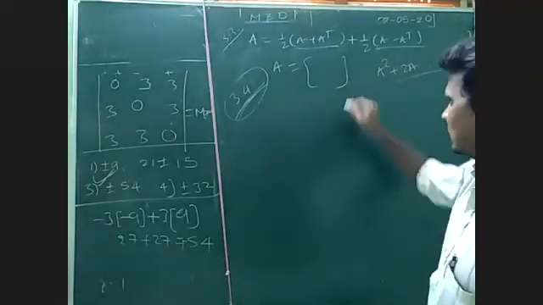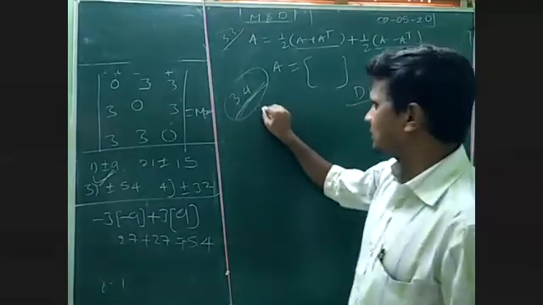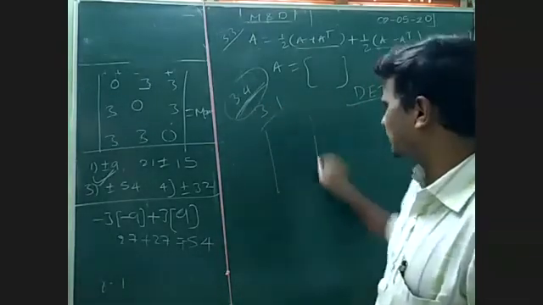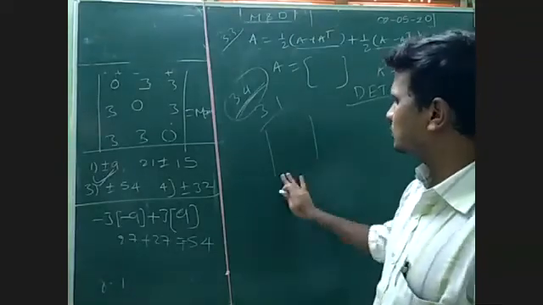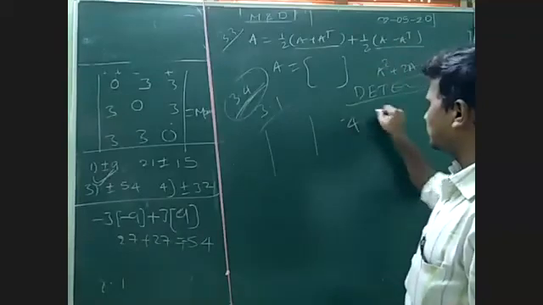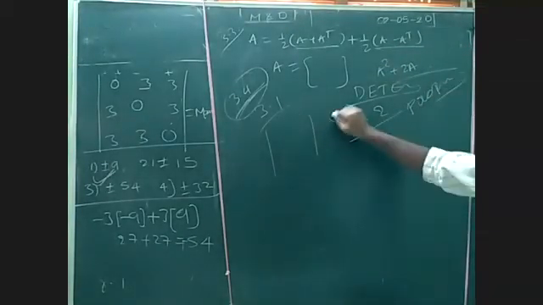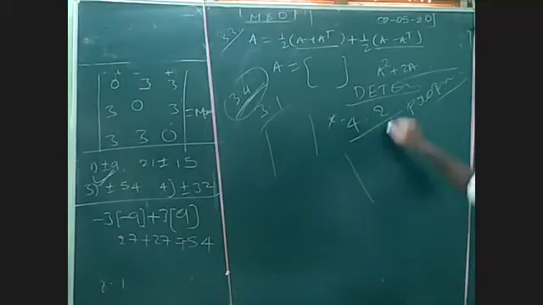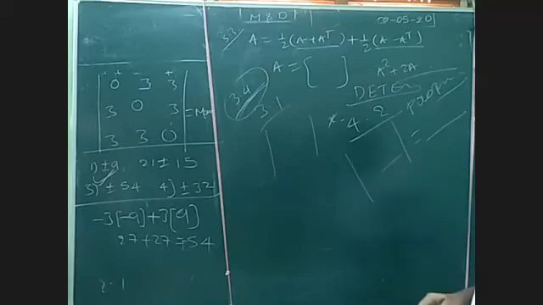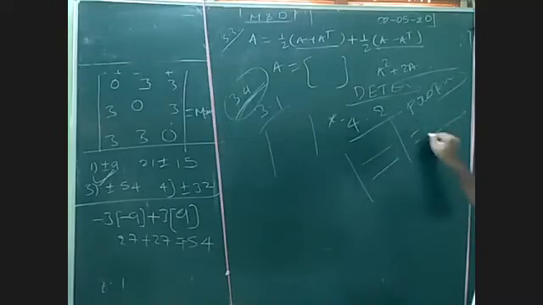Coming to determinants. In determinants, the first exercise is related to just the determinant value, determinant of 2 by 2 and 3 by 3 matrices, and 4.2 is related to properties of determinants, which is important. We need to find the determinant value by applying row and column transformations. If any two rows are identical, the determinant value is 0.